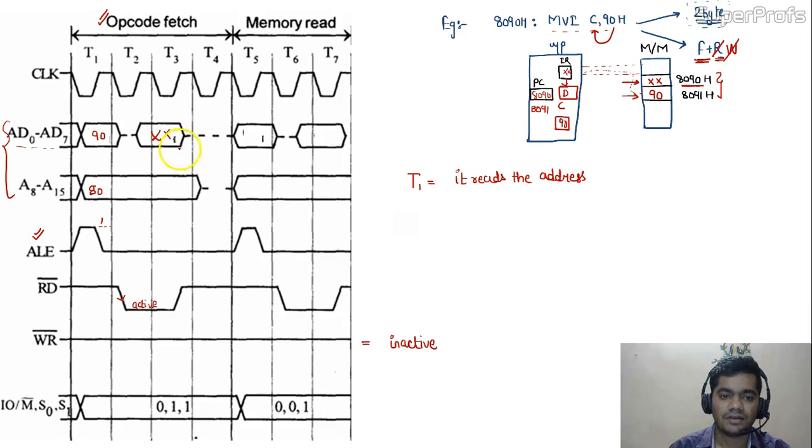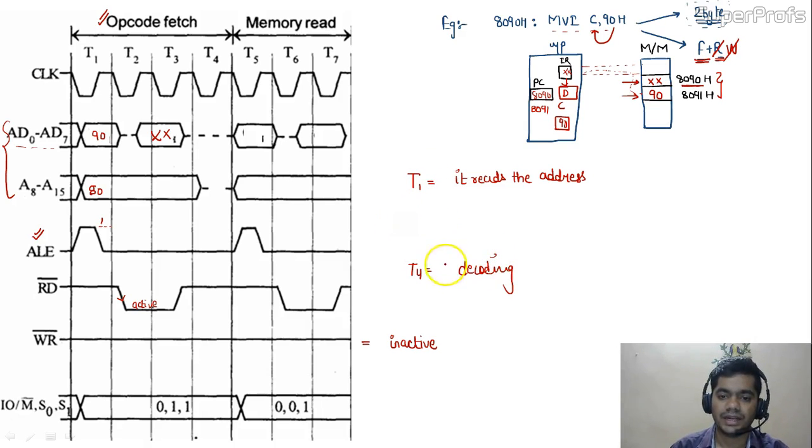Okay, now after reading, you can see the status also, IO bar, M bar, S0, S1 would be 0, 1, 1. Okay, so in the T4 T state, what is going to be performed? As that opcode is latched, decoding of this opcode would be performed.